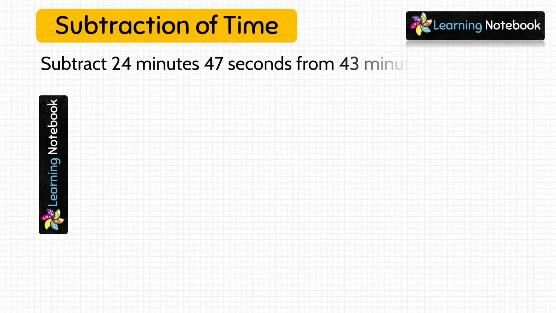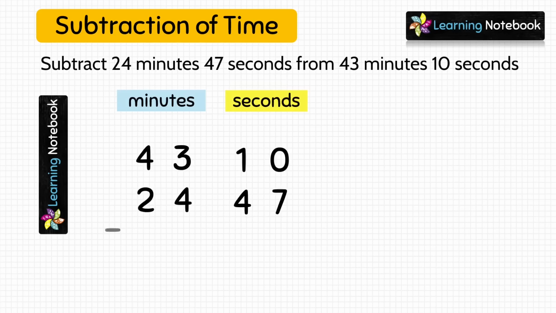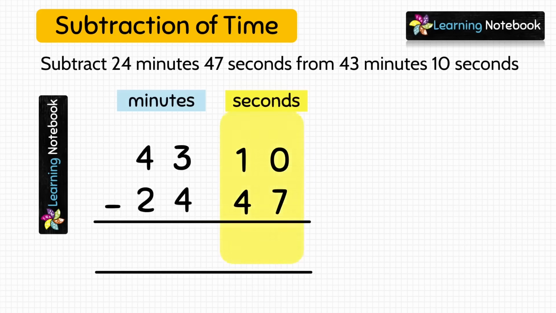Let's do the last question of subtraction of time. Subtract 24 minutes 47 seconds from 43 minutes 10 seconds. Let's first write them in columns as shown here. Now we will start subtracting the seconds column.